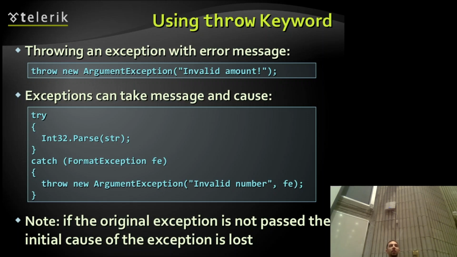If you're going to throw something from a catch block, nest the inner exception. If the original exception is not passed, the initial cause of the exception is lost. And that's exactly why you do it. The stack trace for FE is going to actually lead you back to that parse command. If you don't, it's only going to go back to the function itself. You won't know where in that function it actually occurred.